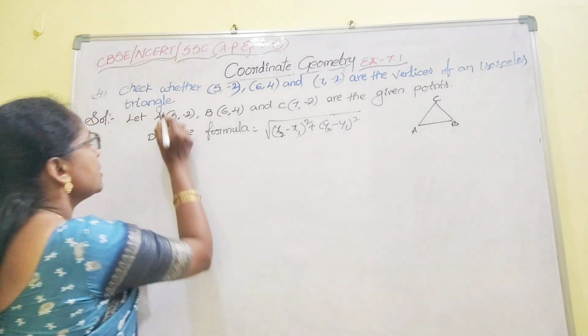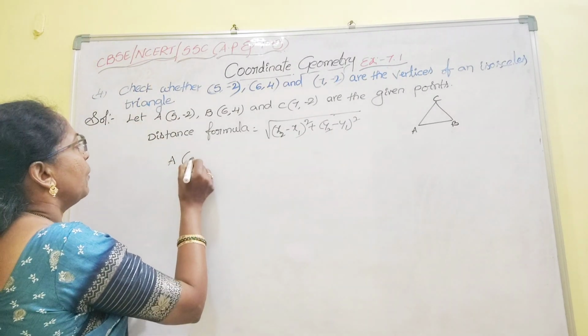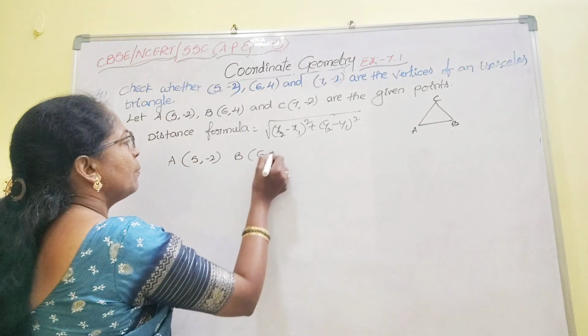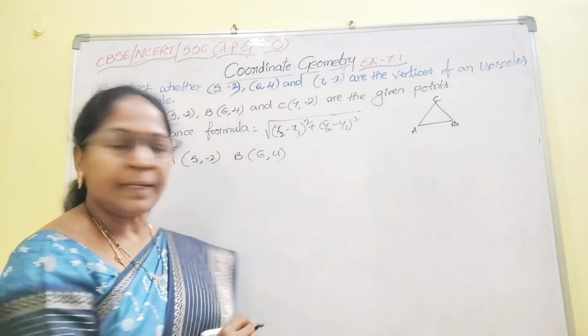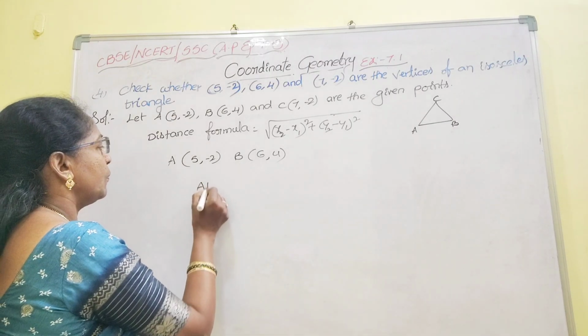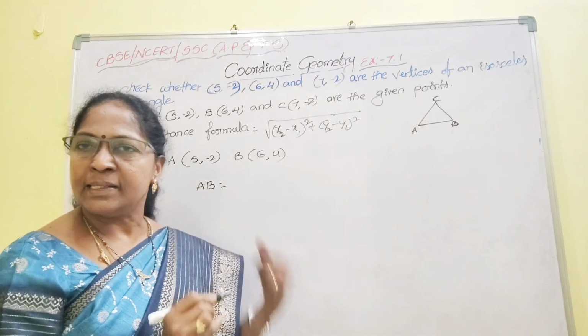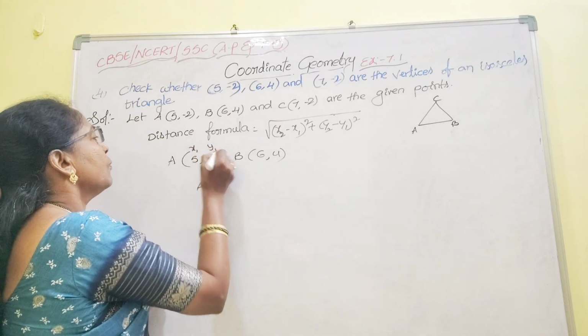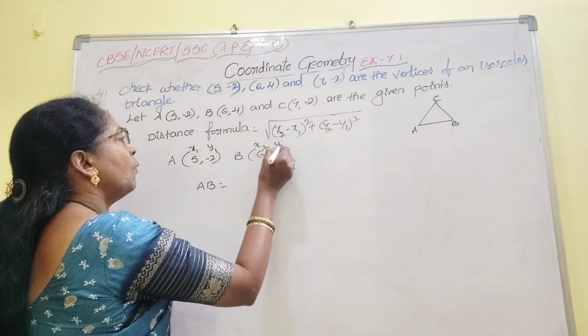Now, first consider the point A as 5 comma minus 2 and B as 6 comma 4. Distance AB: before finding it, assume x1, y1, x2, y2.